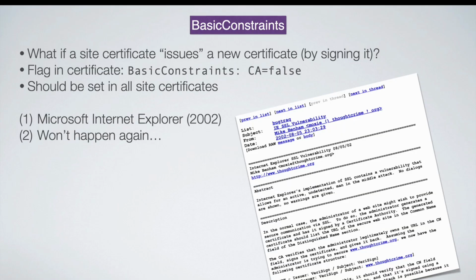And would you believe it? Some libraries didn't actually do that check, even though it was really basic. One was Microsoft Internet Explorer in 2002. It was discovered that they didn't do that basic check. Now everyone said, oh, that was dumb, bad implementation error. Now we know that. Well, no one's ever going to do that again.